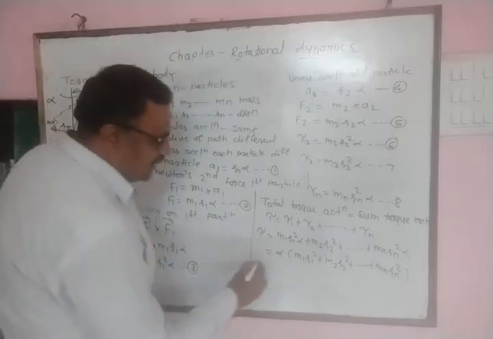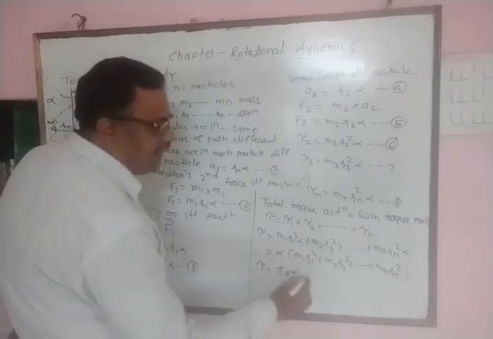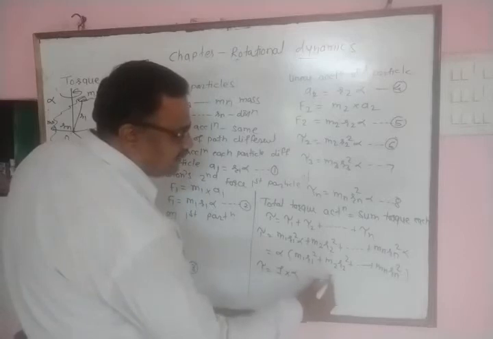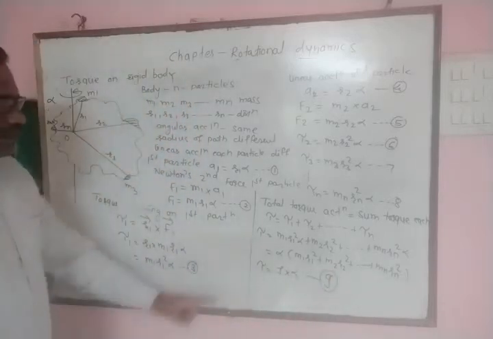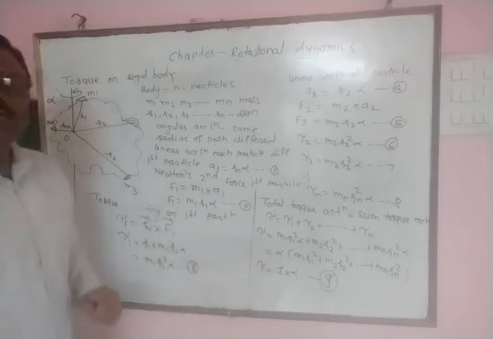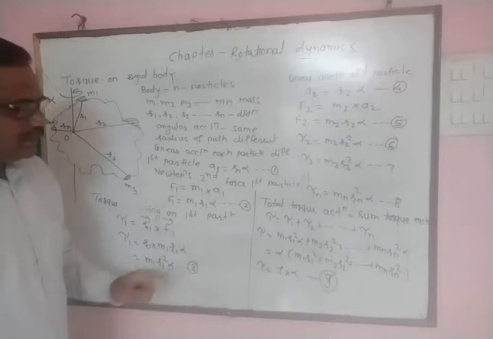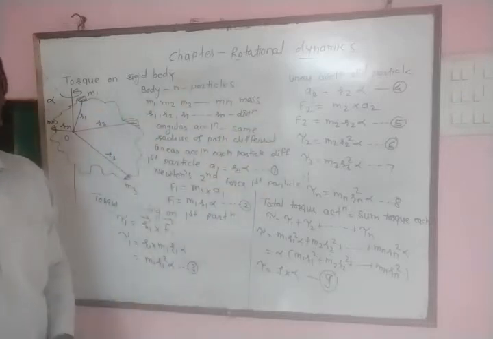Moment of inertia is denoted by I, and therefore torque equals I into alpha. This is expression for torque acting on the rigid body. Unit of torque is Newton meter. In this way, we get the expression for torque acting on the body.